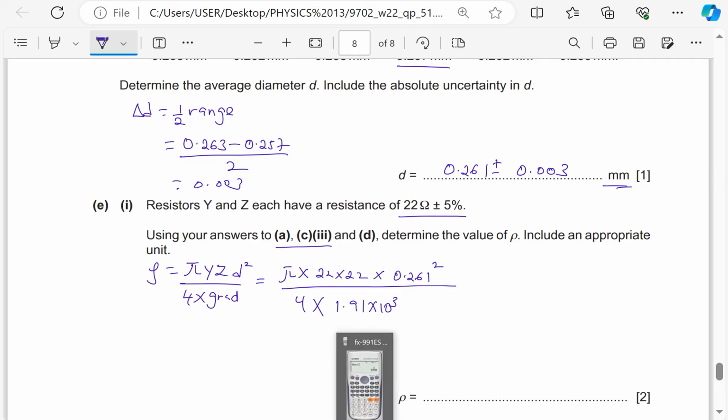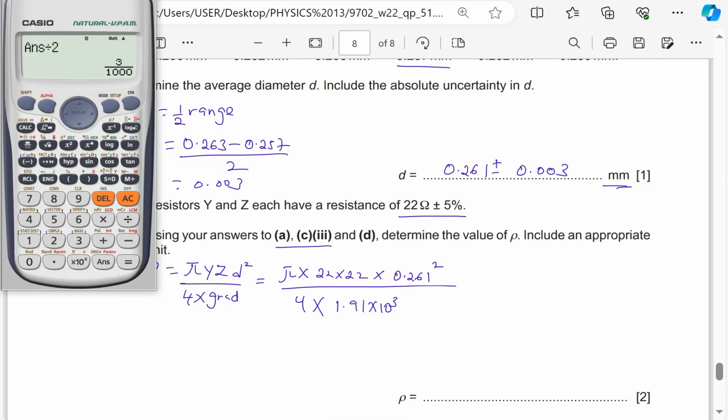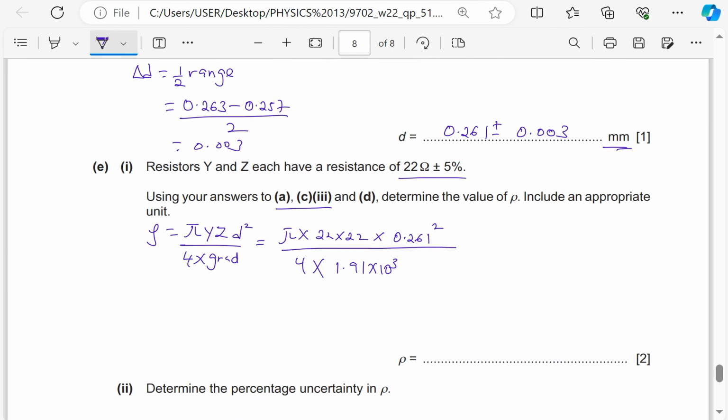Okay, let me first press the calculator here. Let me first find the unit so that the gradient on the vertical we had centimeters, on the horizontal we had per ohm. So the gradient was ohm centimeters, yet the numerator is millimeters squared.